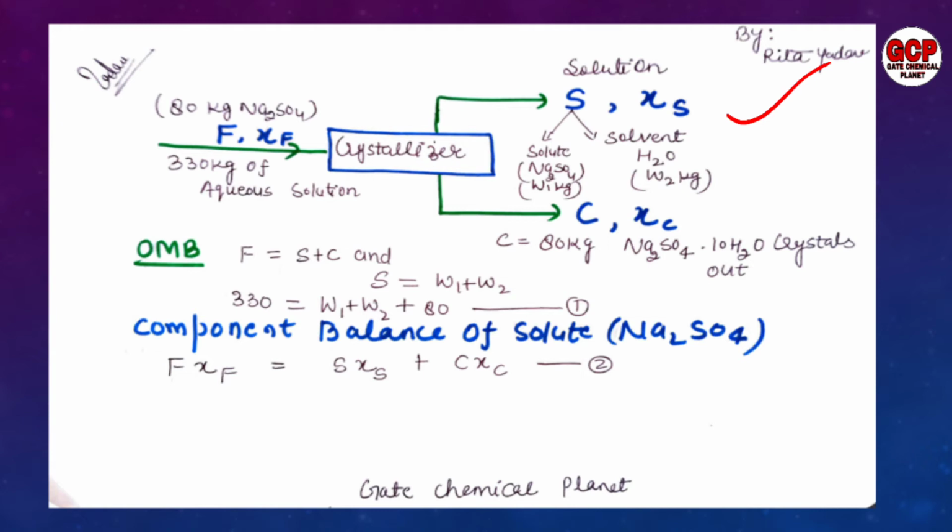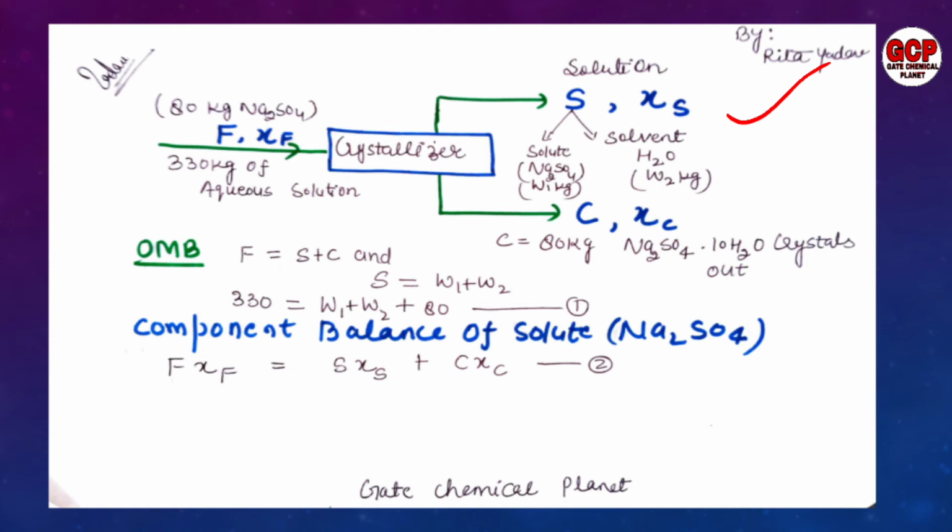So we are taking W1 kilograms of solute and W2 kilograms of solvent present in the final solution, because we have to calculate the fraction of salt in the solution. To calculate that, we need the amount of salt and also the amount of water present in the solution. So we are taking W1 and W2 kilograms of salt and solvent respectively.